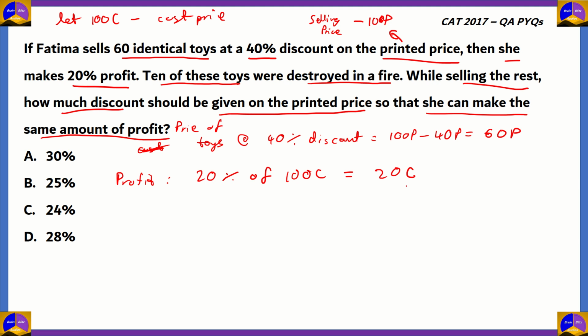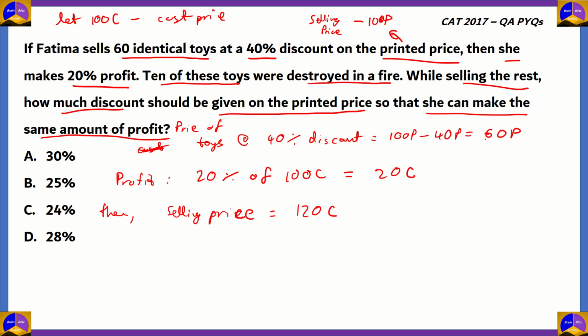Okay. Now, since 20C is the profit that she earns, and her cost price is 100C, then her selling price in the unit of C will be equal to 120C.